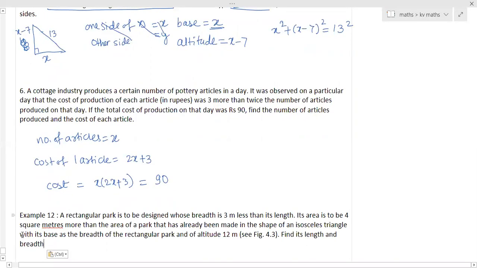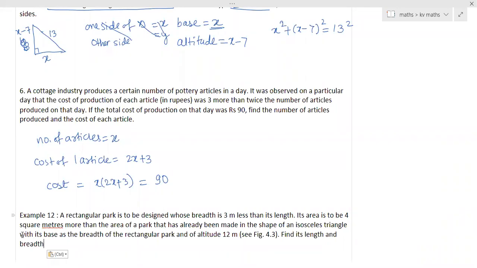Example 12, solved example. A rectangular park is to be designed whose breadth is 3 meters less than its length. Its area is to be 4 square meters more than the area of the park.